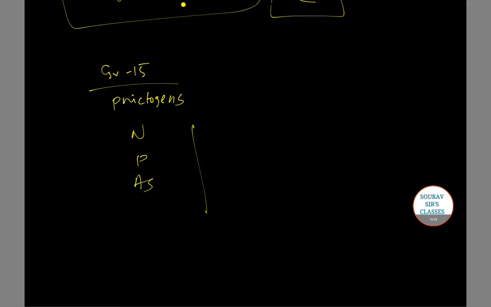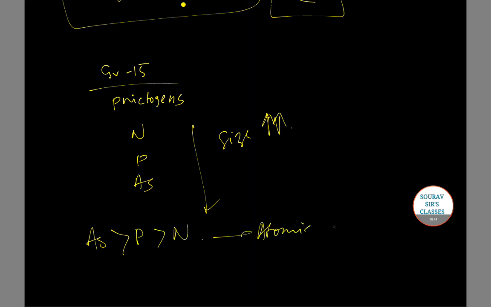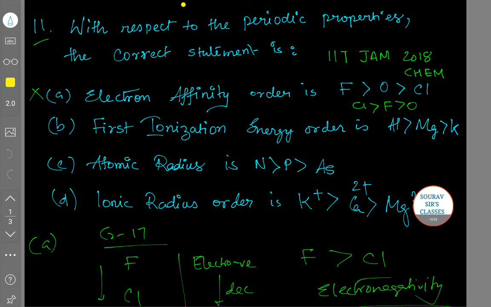So we know that down the group the size increases, so the atomic radius order will be As greater than that of P greater than N. This will be the atomic radius order since down the group size increases. So option number C is also incorrect, and we have also already found out that option number B is incorrect.